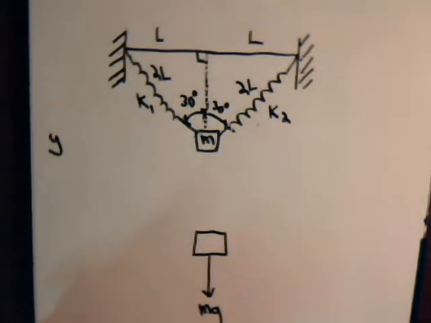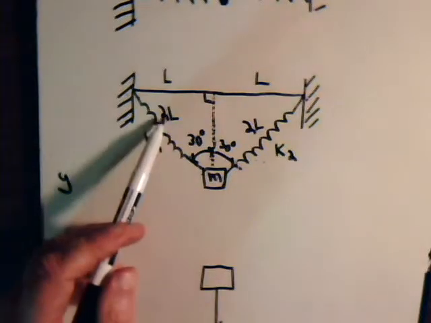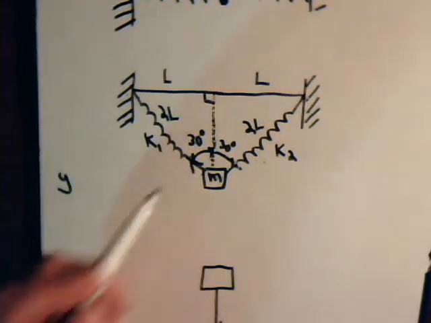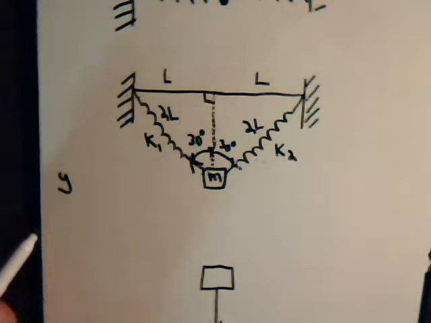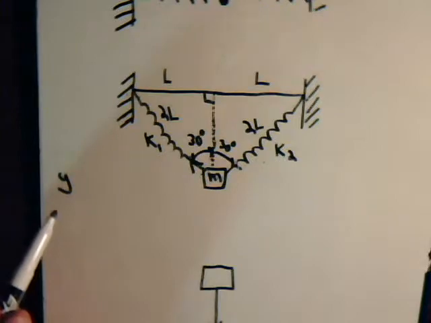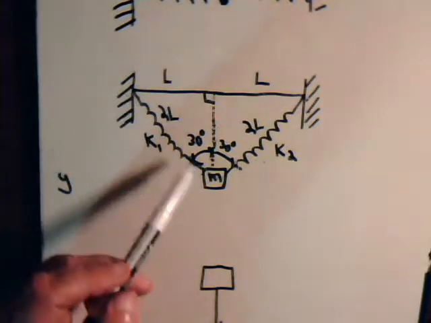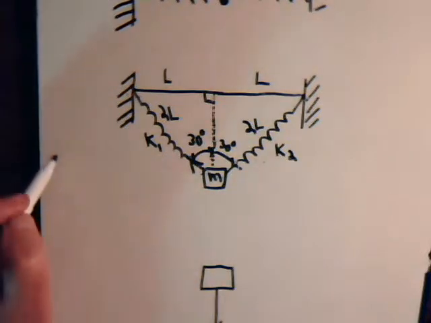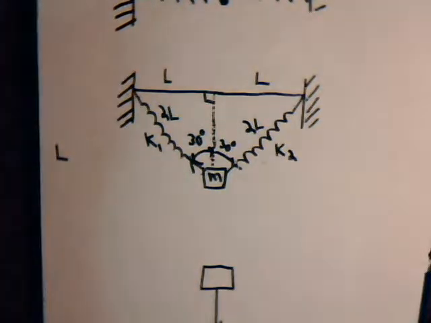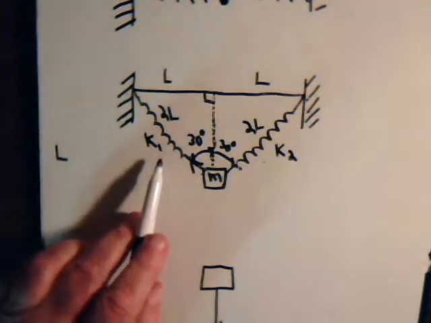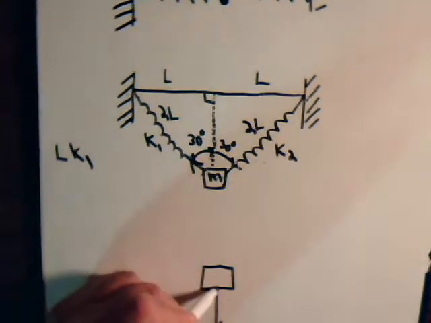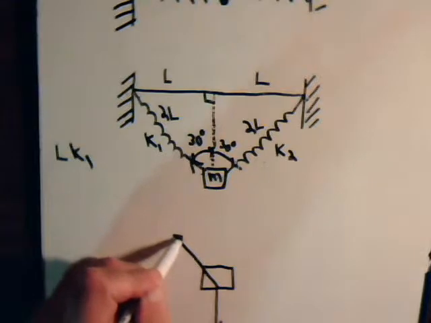And then the spring, this one, it exerts a force in this direction. The magnitude of that force will be the displacement of that spring, and that's L, because it was L and it got stretched out to 2L. So this was stretched a distance of L, and the force that it exerts will be the spring constant times that displacement. So let's represent that like this.